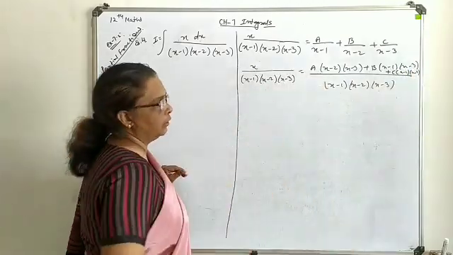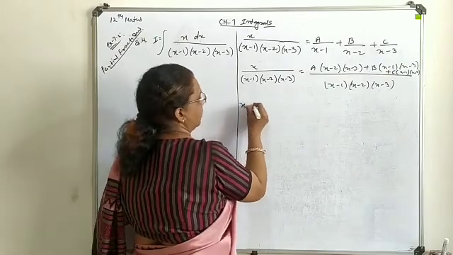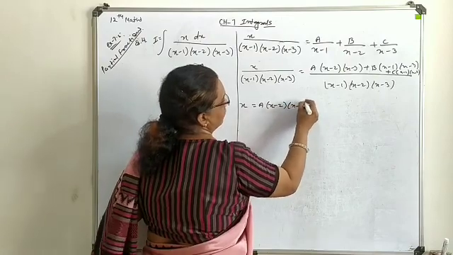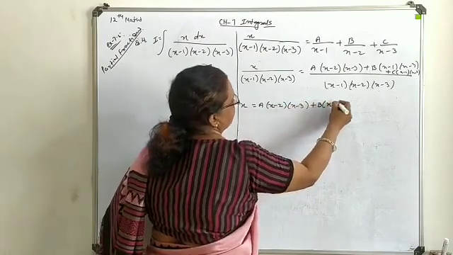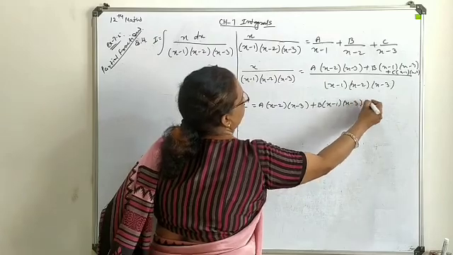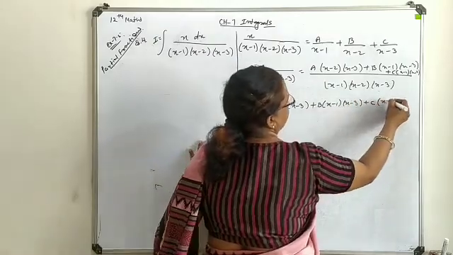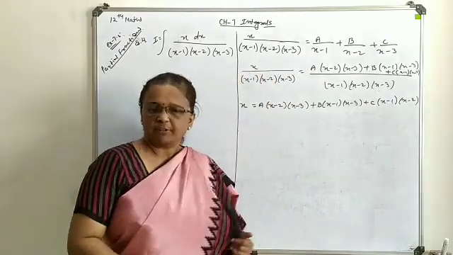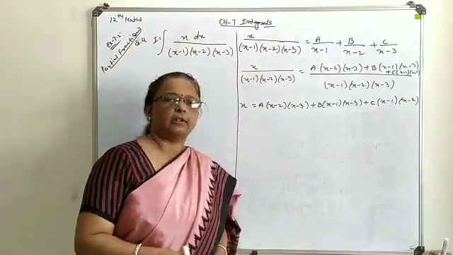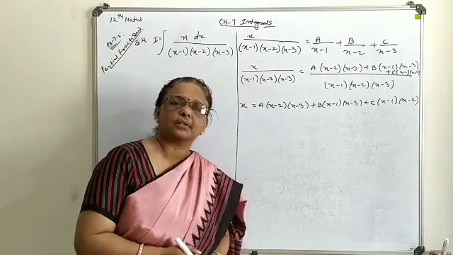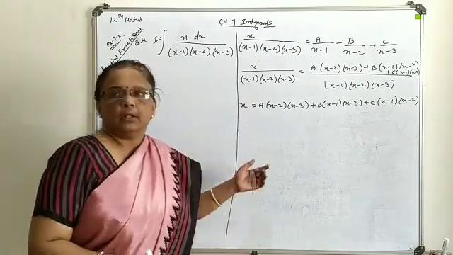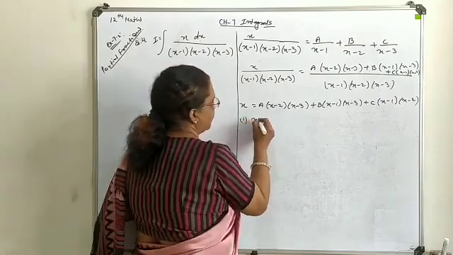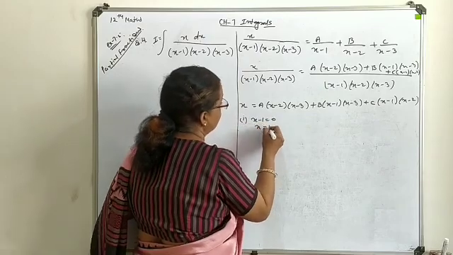Now the denominators cancel, so go for comparison of the numerator: x equals A(x minus 2)(x minus 3) plus B(x minus 1)(x minus 3) plus C(x minus 1)(x minus 2). Now all terms are written in factorized form, in separate brackets with linear combinations, so one by one you can keep a factor as 0 to find the constants. First, keeping x minus 1 as 0, means x is 1.